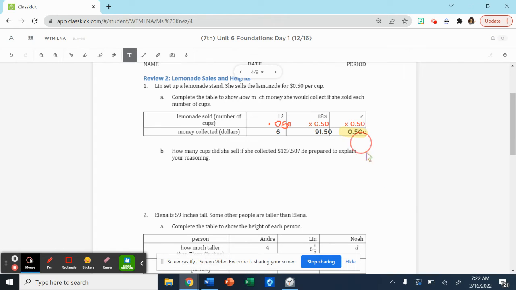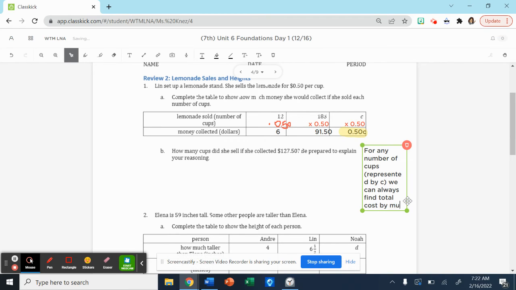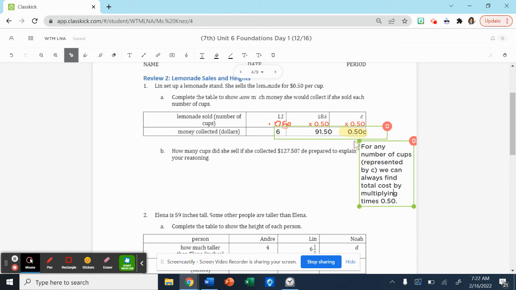All that this says in the yellow highlighting is that for any number of cups, which we are representing with C, the letter C, we can always find total cost by multiplying times 0.50, because again, that's the cost per cup. That's all that this expression 0.50C tells us, but instead of writing out this whole sentence, we can summarize the table by simply saying 0.50C.